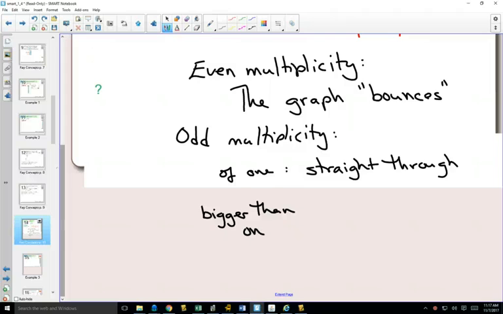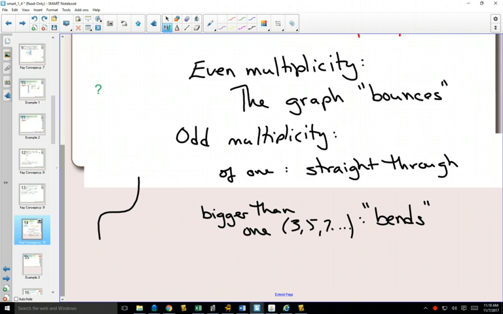Anytime you have an odd multiplicity bigger than 1, like 3, 5, 7, and so on, that's when it bends. And it bends so much that it actually gets flat for a little moment. So you can have it flatten out right at that bend.